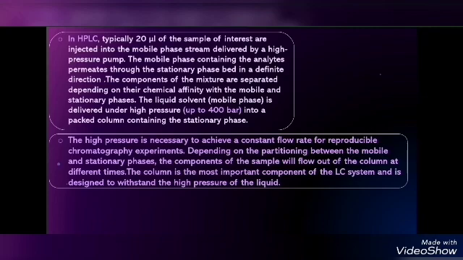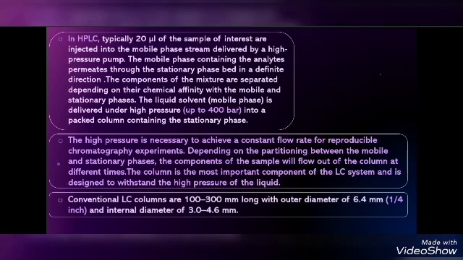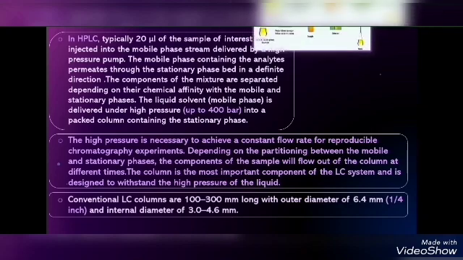The column is the most important component of the LC system and is designed to withstand the high pressure of the liquid. Conventional LC columns are 100 to 300 millimeters long with outer diameter of 6.4 millimeters, quarter inch, and internal diameter of 3 to 4.6 millimeters.